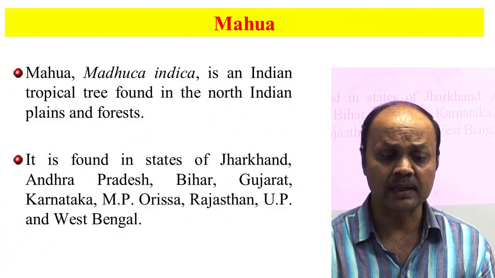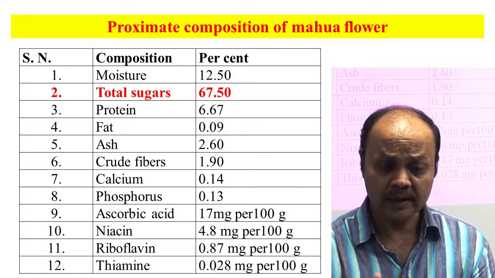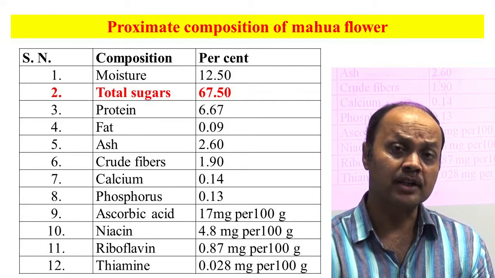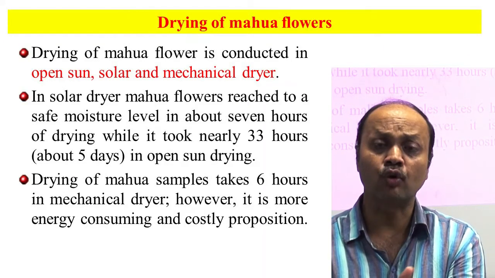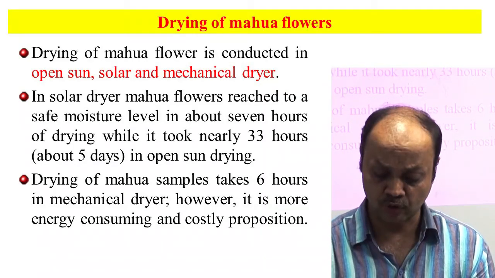Apart from that, you know about mahua. Apart from the other composition, the sugar part is very important. So what people are doing is drying the mahua, so you can store it for a longer duration.